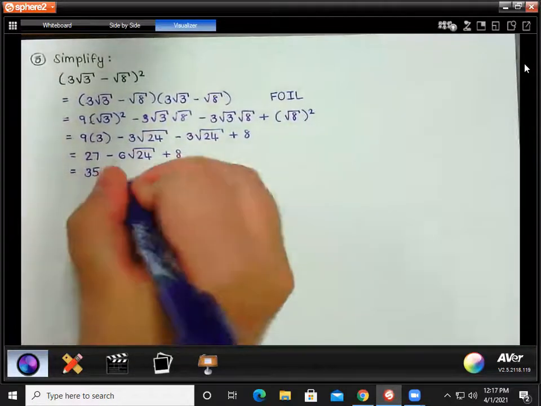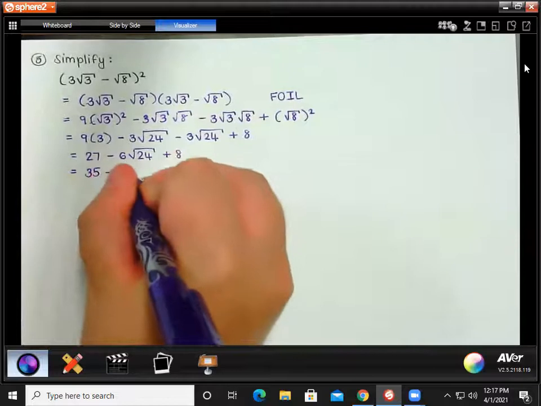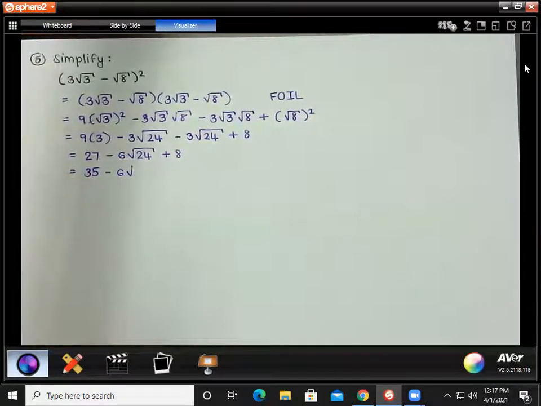Now let's sort out this 24. I need to write 24 as a product of 2 numbers, one of which has a square root. Let's check. What's 24 divided by 2? 12. Does 12 have a square root?